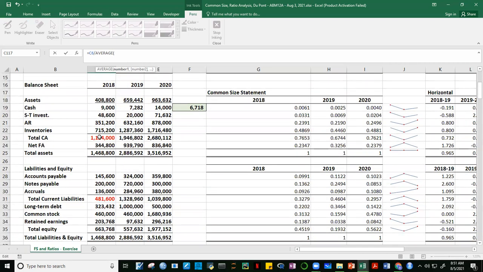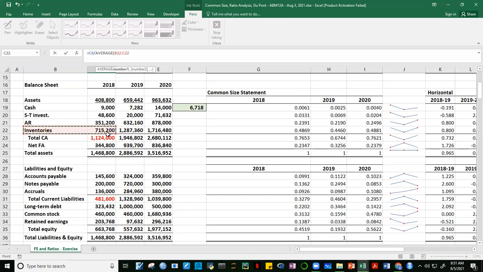Ang problema, guys, wala naman tayong 2017, no? Pero pwede pa rin natin ilagay yung formula na to so that we can copy this to the right. Yun ang objective natin. E paano yung inventories dito na text? It's okay, guys. Babasahin ni Excel yan as nothing. So, ang gagamitin niya na figure is just the average of 715, which is just 715,200.